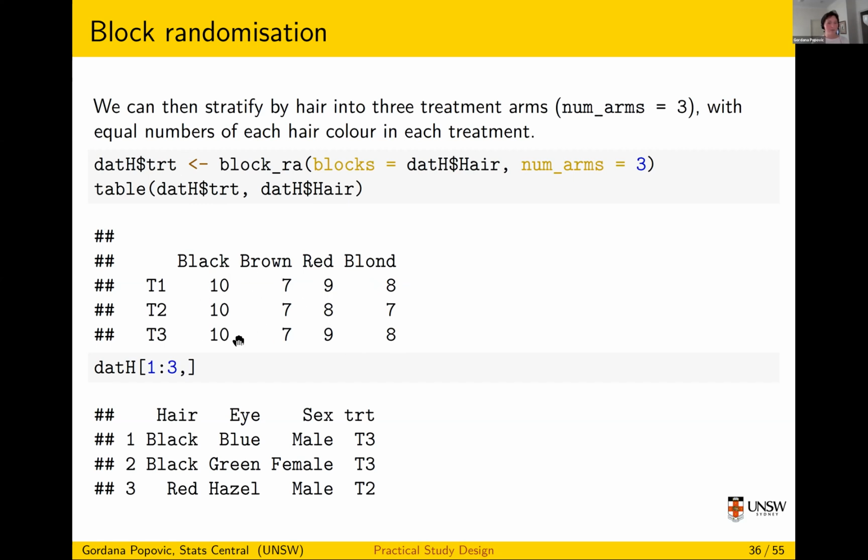And that's nice because now we've balanced the groups according to this blocking or stratification variable. So that's one thing to do. And then later on, we're going to include the stratification variable in our model, and that will account for some of the variation, so that we are essentially comparing the treatments within blocks rather than between blocks.